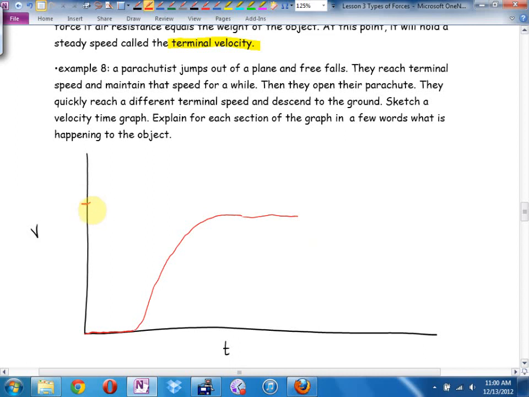I accelerate at my maximum right away, Riley, but the faster I go, the more air resistance gets, the smaller my acceleration until eventually I reach equilibrium. I free fall for a short while, and then what do I do? What's that going to do to my velocity? Okay. Boom! Get it much smaller, and I reach a new equilibrium, maybe right here.